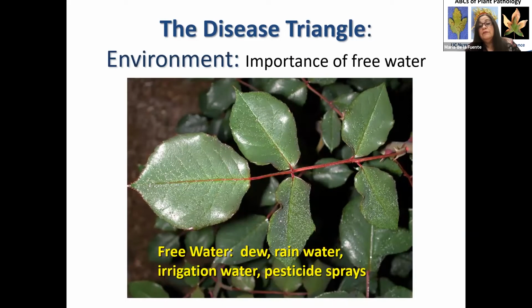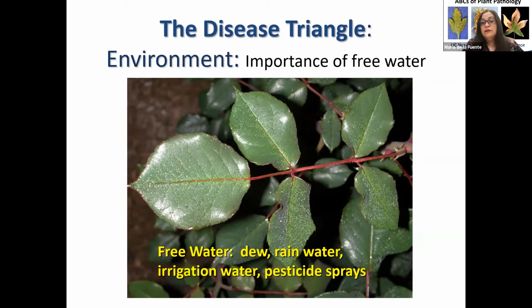So especially in the greenhouse, where we can easily control it, there is a big factor, which is free water. We usually measure water as the irrigation system, but also the water deposits on the surfaces of the leaves, and that's called free water.